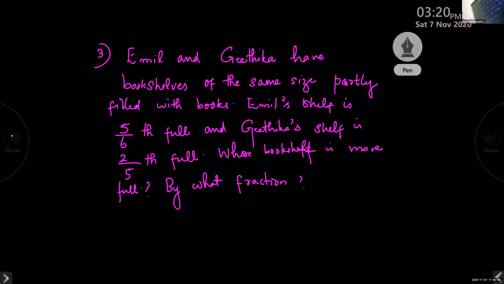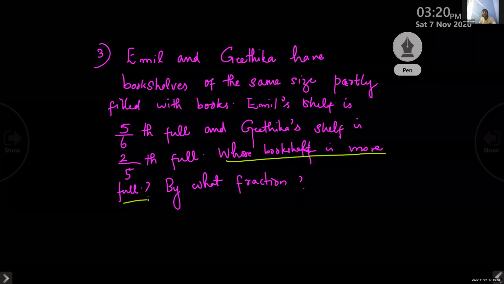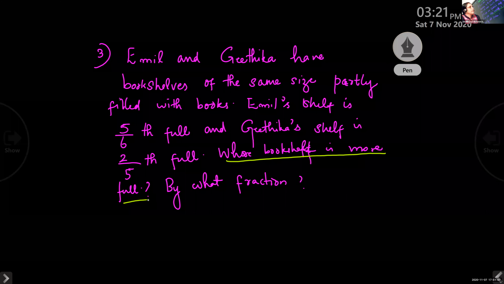Okay, children, look at the question. There is one question, which bookshelf is more full? More full, less full, it is a comparison, right? Yes, ma'am. So how to compare?